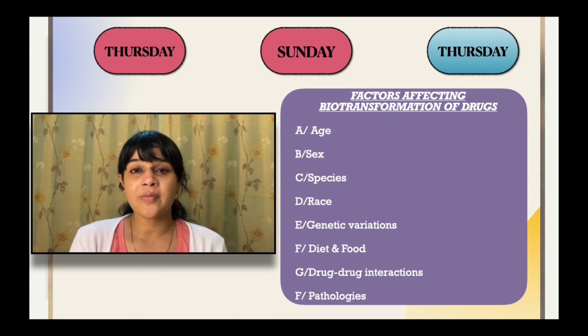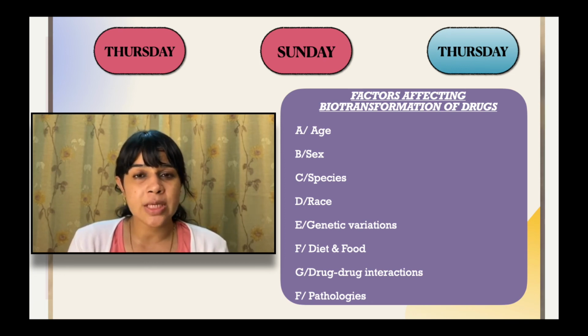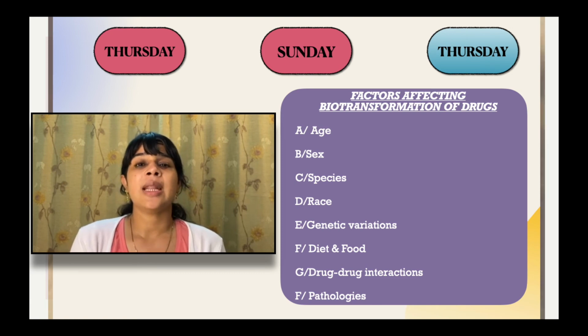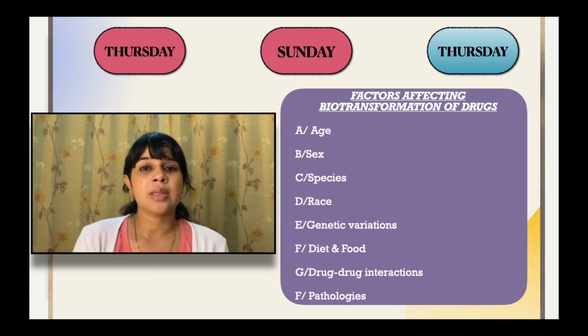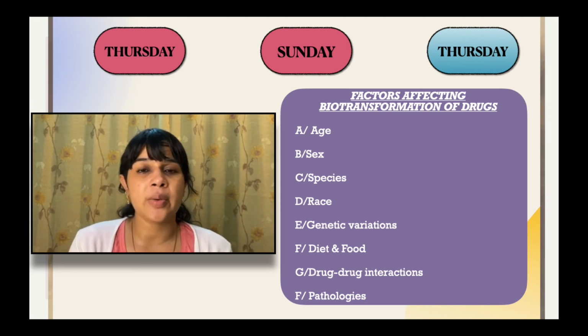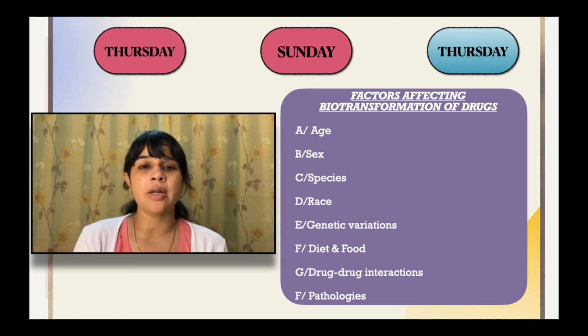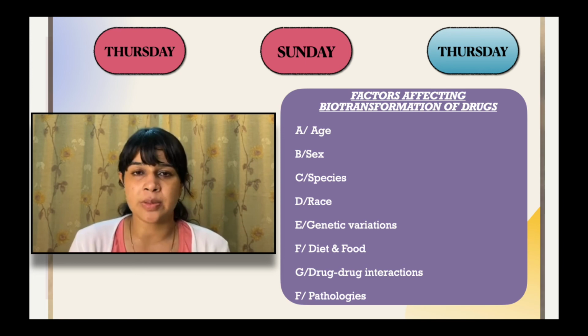The last important factor that I discussed is disease or pathology. Many diseases adversely affect drug metabolism, like liver cirrhosis, viral hepatitis, hepatocellular carcinoma, and thyroid disorders, hypothyroidism and hyperthyroidism.